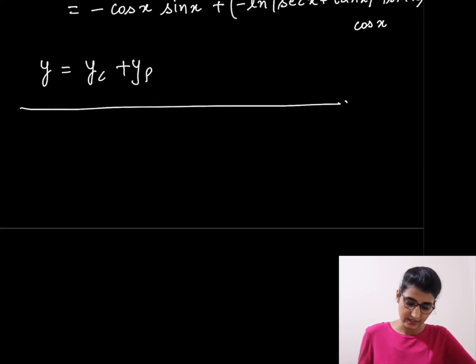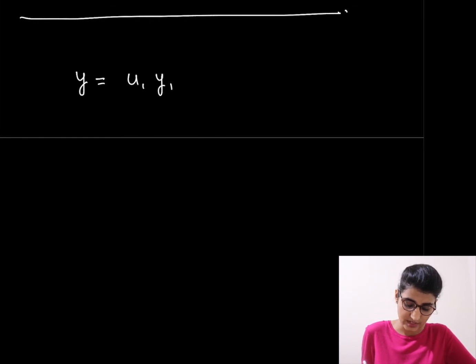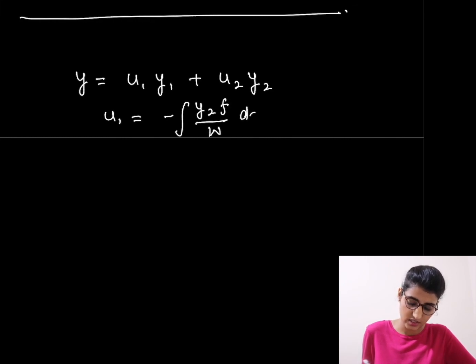So what we learned is variation of parameters can be applied to any case. The particular solution is given by u1 y1 plus u2 y2, where u1 is negative integration of y2 f divided by the Wronskian, u2 is equal to integration of y1 f divided by the Wronskian dx.